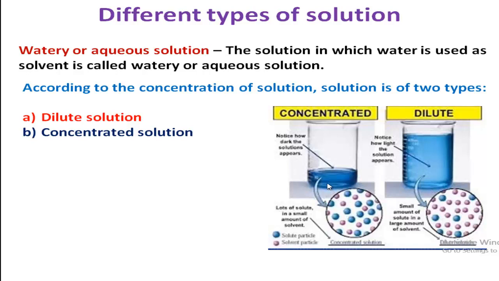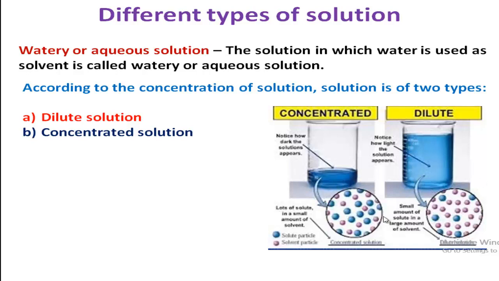That means when we compare two solutions on the basis of concentration, in those cases solvent is kept in equal volume. Then where the amount of solute is more, that is concentrated, and where the amount of solute is less, that is dilute. Follow here, this is blue color solution.